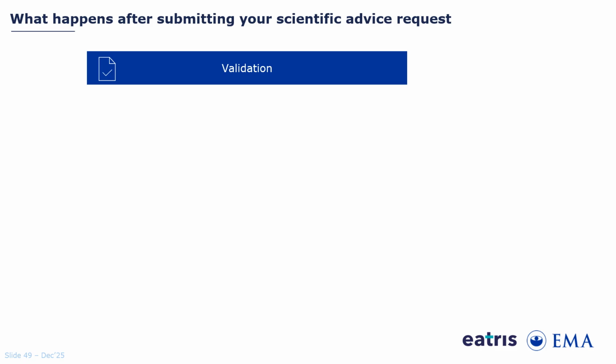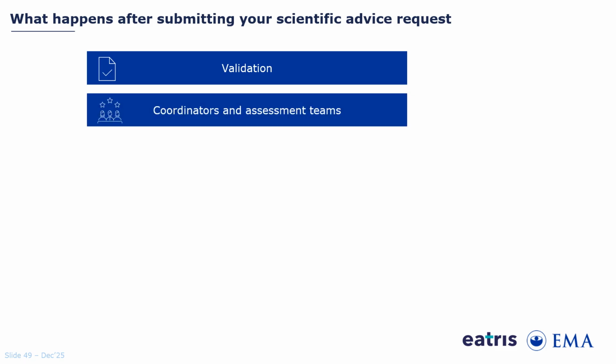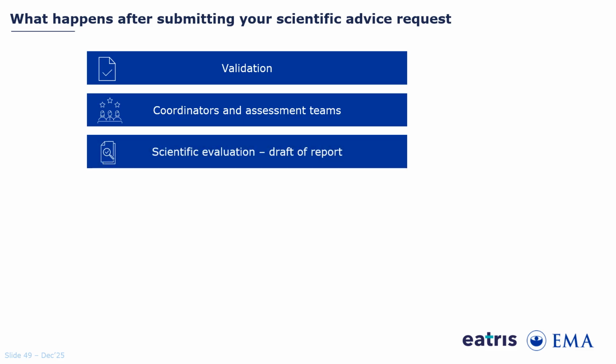After the scientific advice request is validated, 2 expert members of the SAWP are appointed as coordinators. The 2 coordinators have expertise relevant to the advice request and are supported by experts from the national agencies or from other EU agencies. Each coordinator prepares a draft report, and in particular areas of disagreement are discussed during the SAWP meeting.